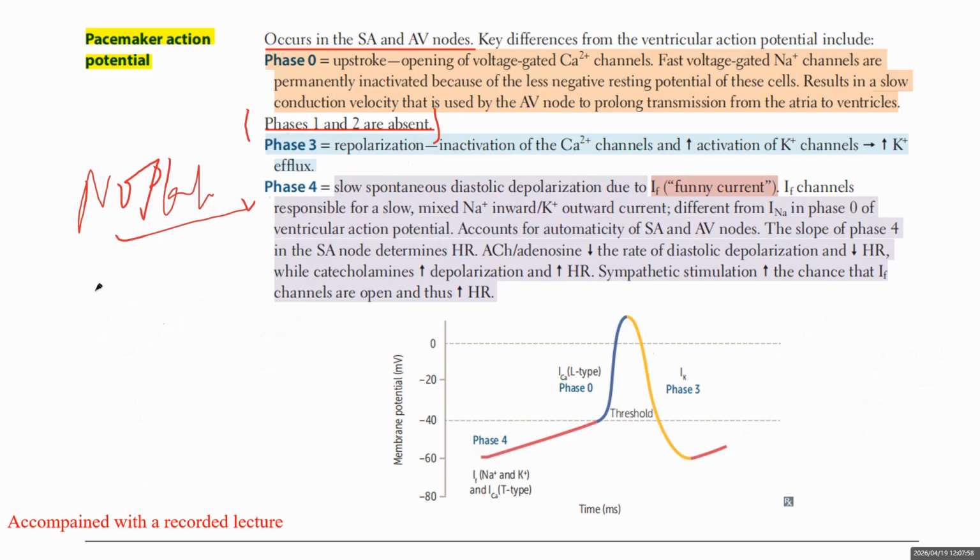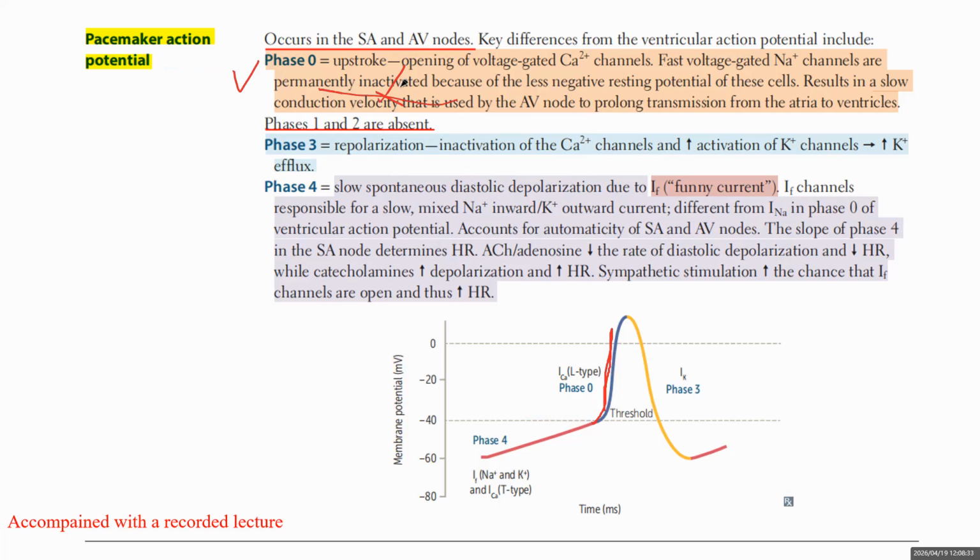Another question that needs to be touched on in this topic is why conduction is slow in the AV node. This also follows from phase 0. You have to remember that the upstroke in the nodal tissue is due to slow calcium entry rather than rapid sodium entry, because the sodium channels are permanently inactivated here.